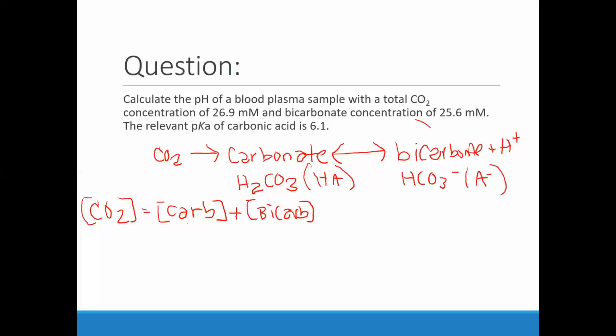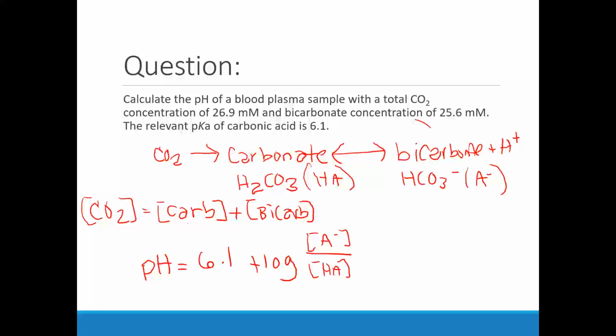Okay, now that we have all of those pieces of the puzzle, let's use the Henderson-Hasselbalch equation. pH, which is what we want to solve for, equals the pKa plus the log of the conjugate base over conjugate acid. Okay, so here we know our pKa. It is 6.1.